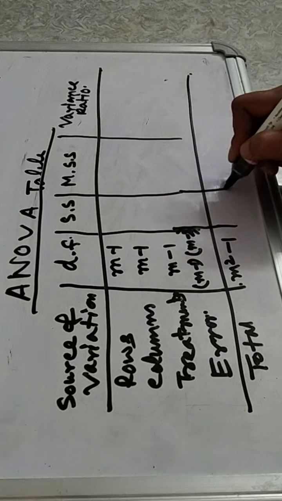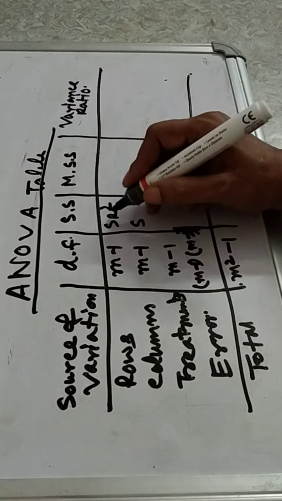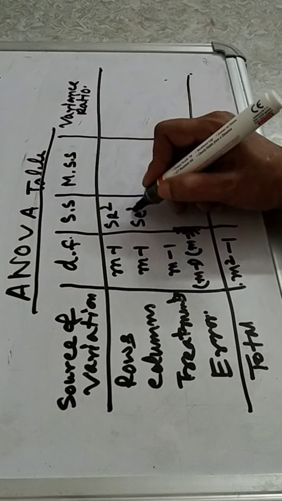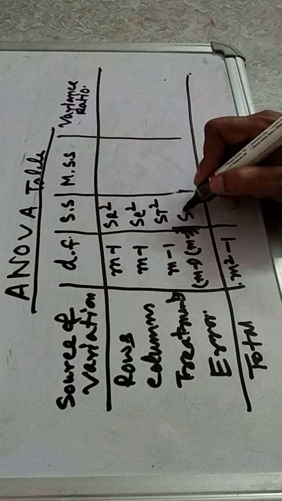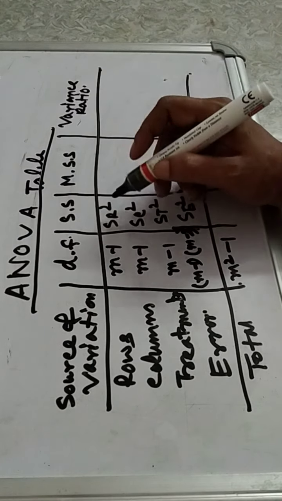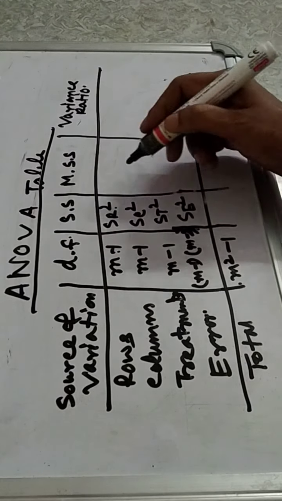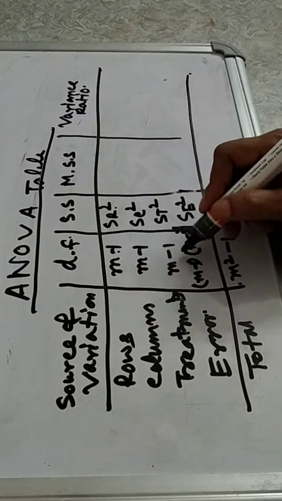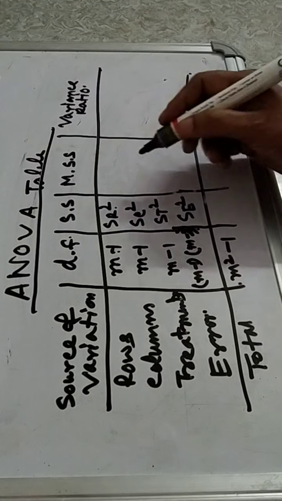And sum of square we write SR square for row, SC square for column, ST square for treatment, SE square for error. Then mean sum of square is each sum of square divided by its degrees of freedom.